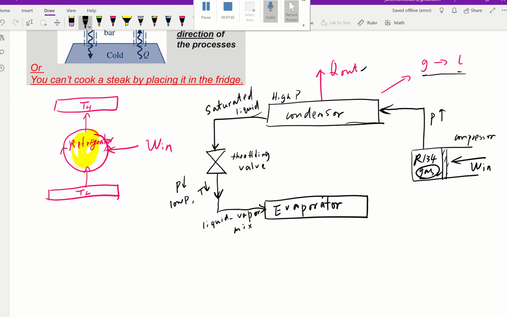Then it goes through the evaporation process. What happens in evaporation? Our liquid is going to change to gas; it's going to evaporate, right? In order to do so, we have to add heat to it. There's going to be heat coming into the system.